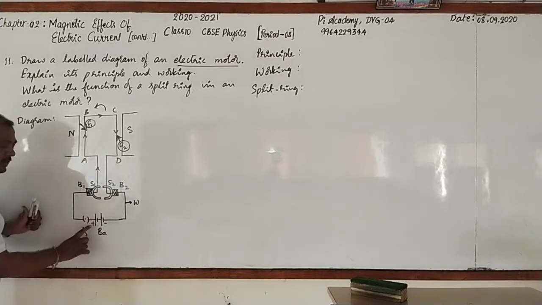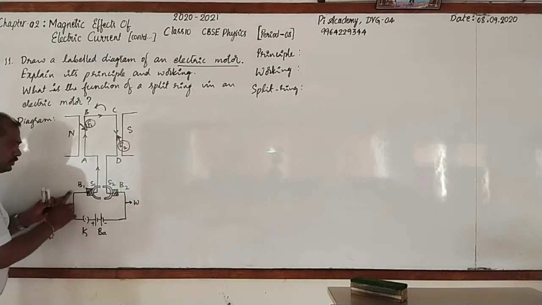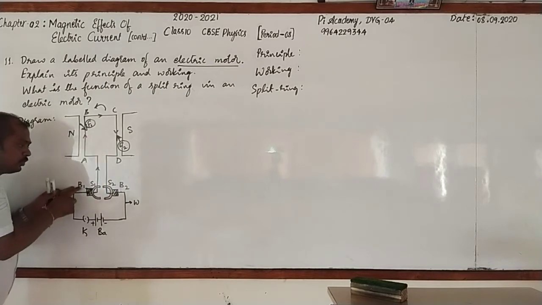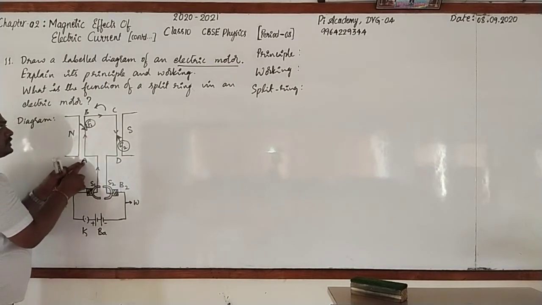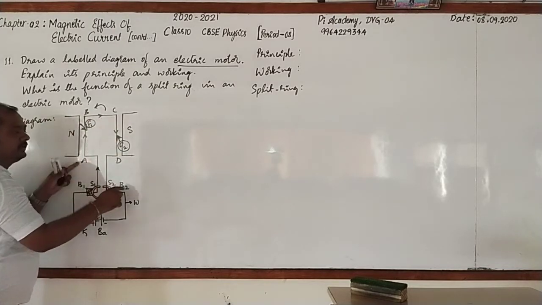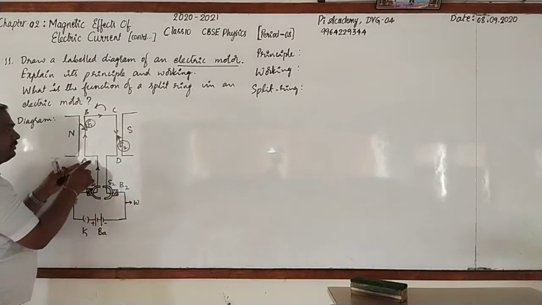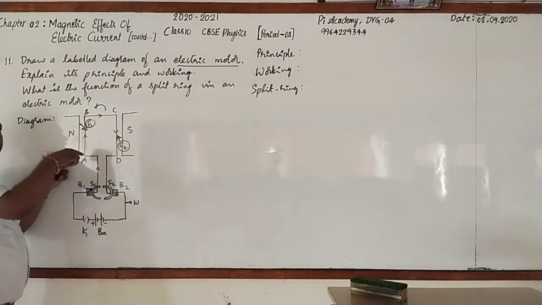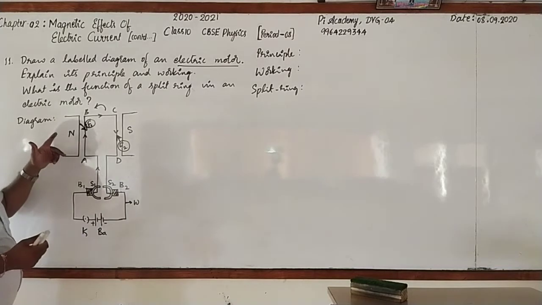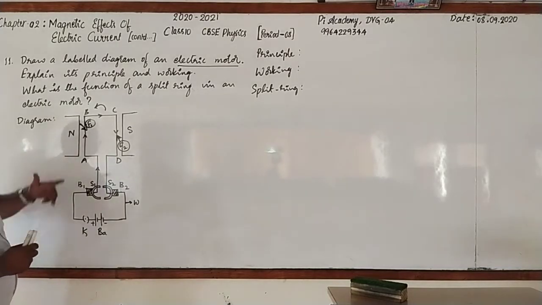See, when the current is allowed to flow to the coil through B1, first it flows through AB, then BC, then CD, then finally it comes to the negative terminal. But here the direction of mechanical force can be known by using Fleming's left-hand rule.